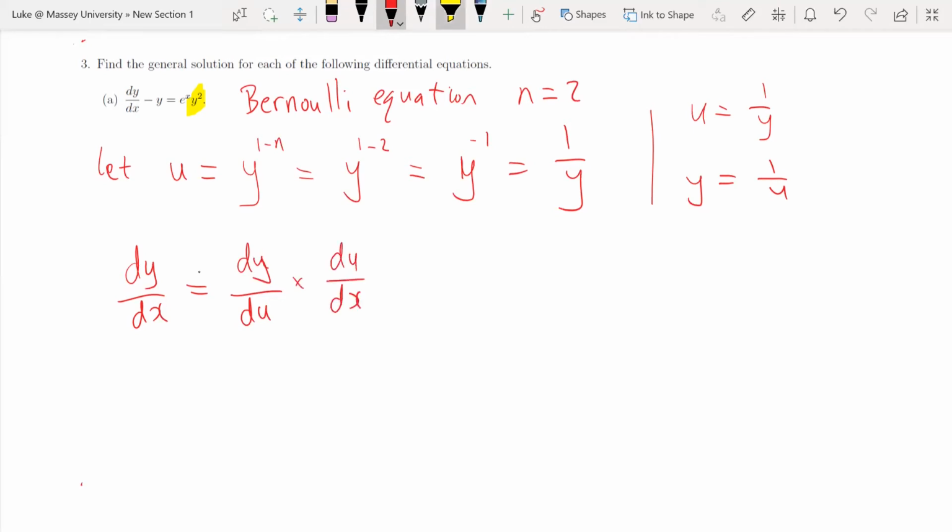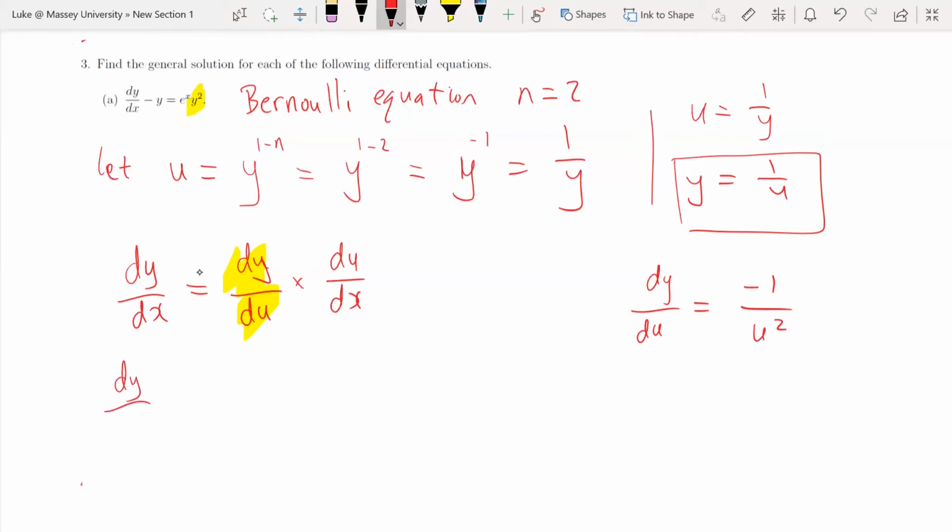So what is dy by du? Well, y is equal to 1 over u, so dy by du is equal to minus 1 over u squared. So therefore, wherever I see a dy by dx, I'm going to replace it by a minus 1 over u squared times du by dx.